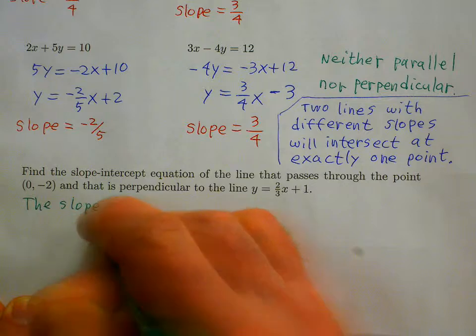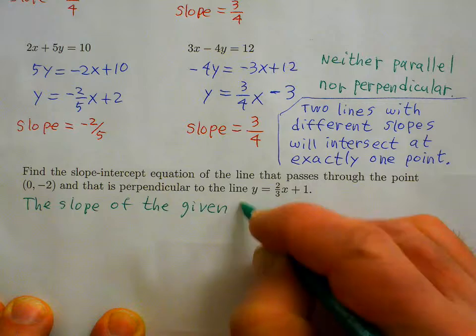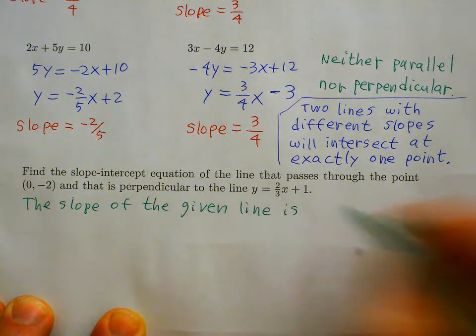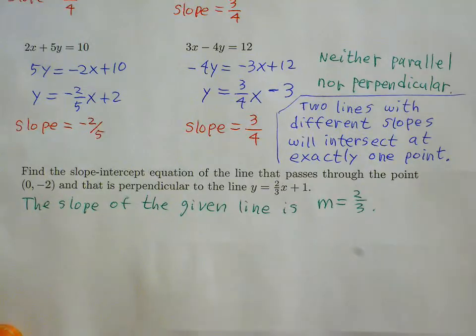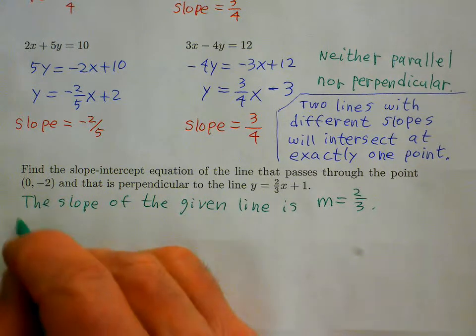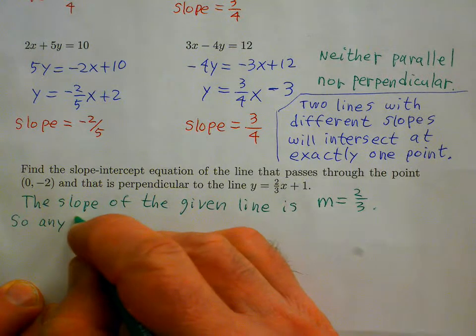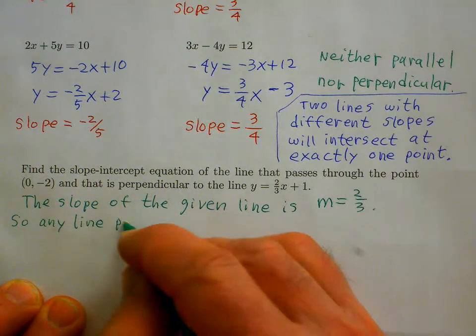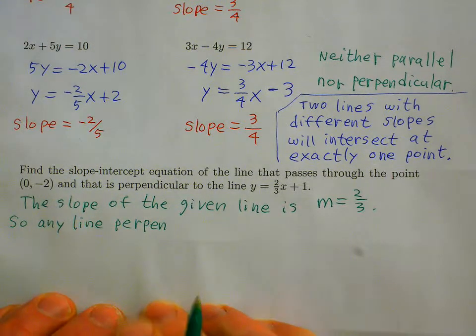Slope of the given line is, all right, m equals 2/3. So any line that is perpendicular to that line will have a slope of what? Yeah, -3/2. So any line that's perpendicular, there are infinitely many lines with the same slope.